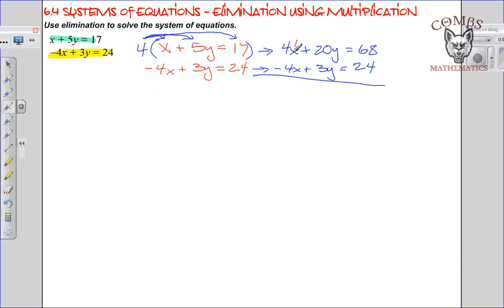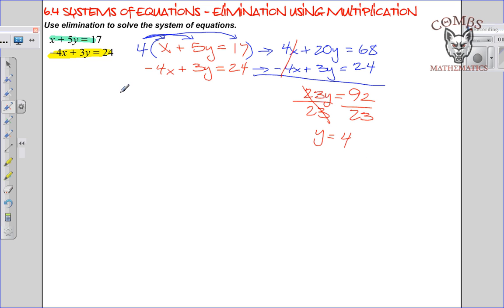So 4x and negative 4x cancel out. 20y plus 3y gives us 23y, and 68 and 24 gives us 92. We can isolate the variable by dividing both sides by 23. And we will find that y is equal to 4.